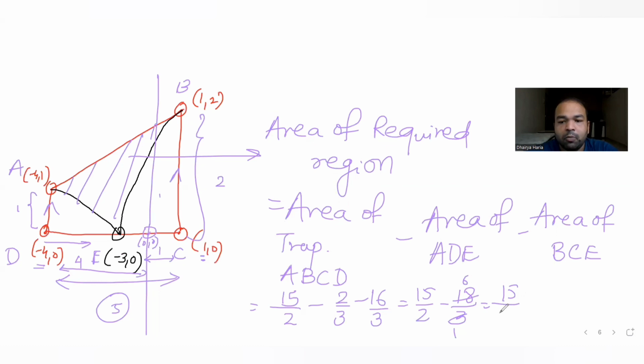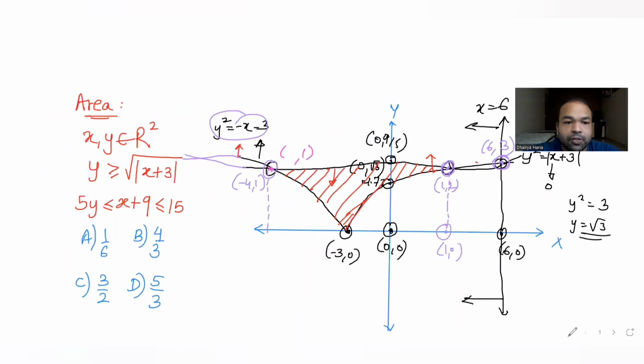So 15 by 2 minus 6. If you solve 15 minus 12, that is 3. 3 by 2 is the answer for the question. So you get the answer here as 3 by 2 for the question which is given to us, and if you see the option which matches, it is C. So C is the correct answer for the question.